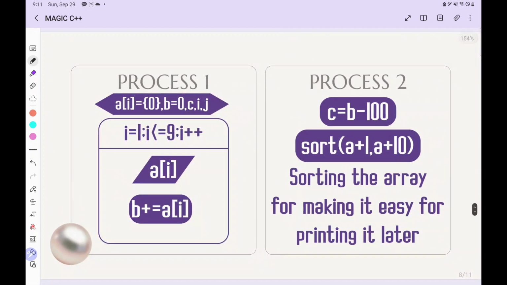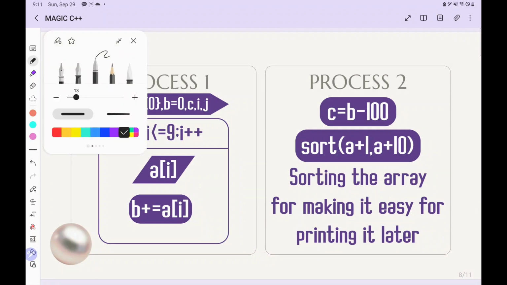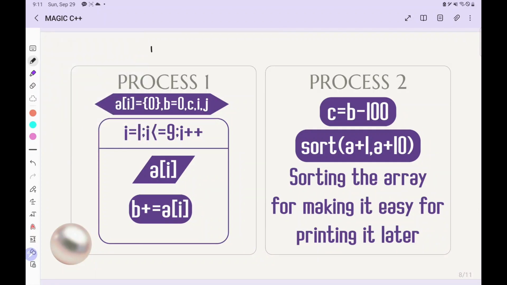So the first process is we should say 10. Well, anyways, A10 equals, this is declaring the array, and this is A1, A2, all the way to A9.